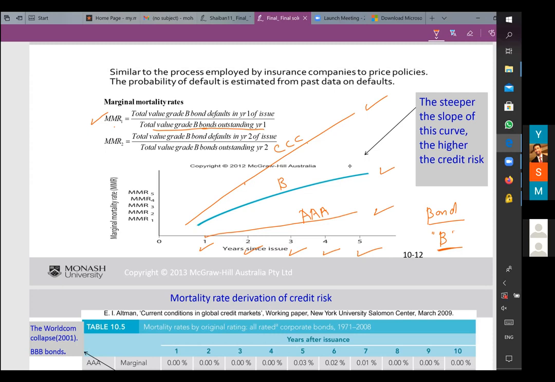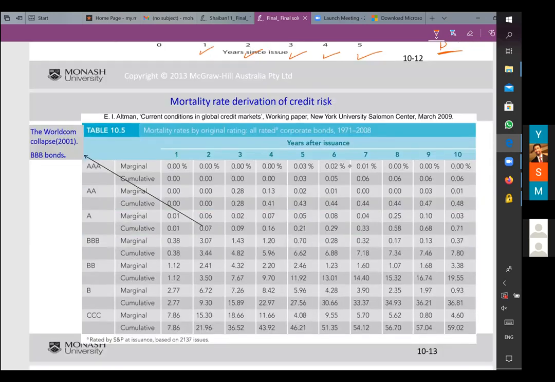And they publish it, in the US they publish it. They tell you the marginal and the cumulative. We were talking about B, right? But they can give you B, A, or the other classes according to the rating.